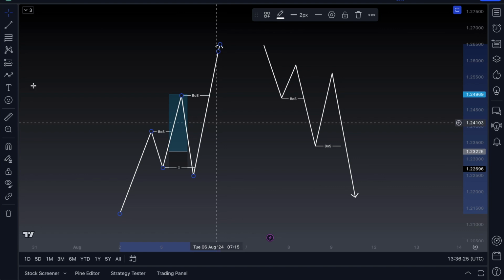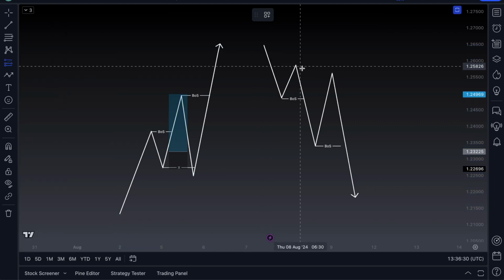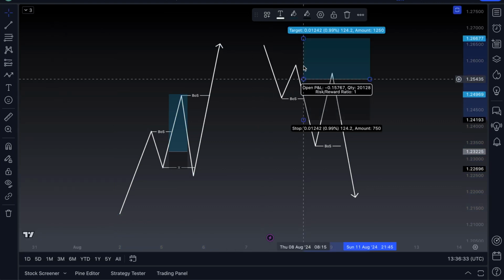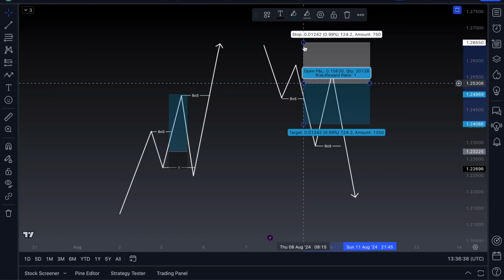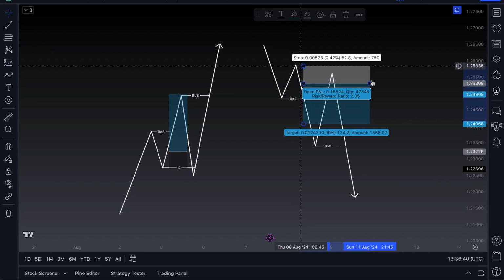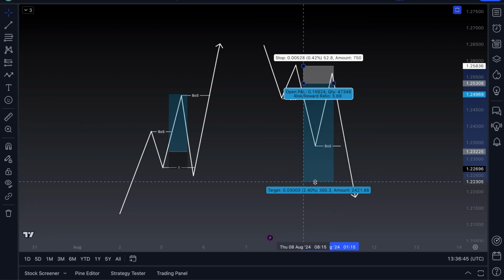Now in a bearish market it is the same, it is just opposite. So people would have been selling the market. They would have had their stop losses above the high, and they would have been expecting a continuation of a bearish market.